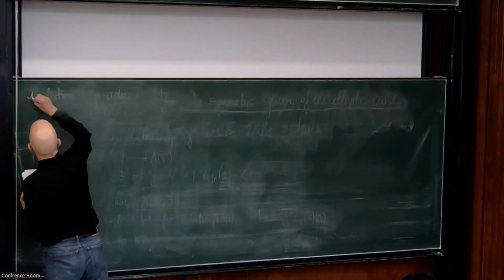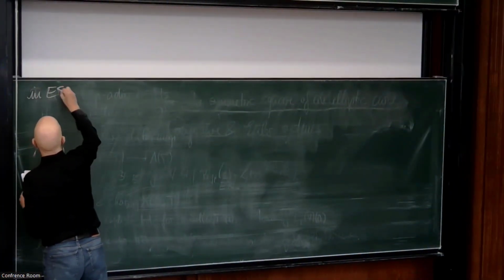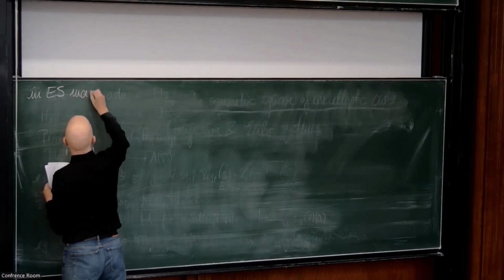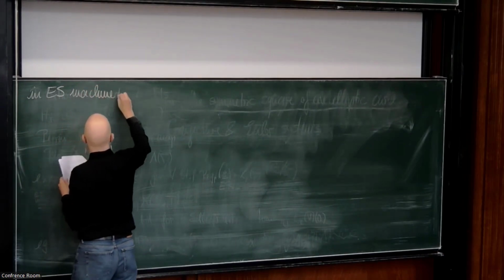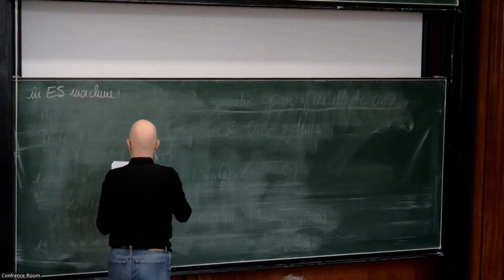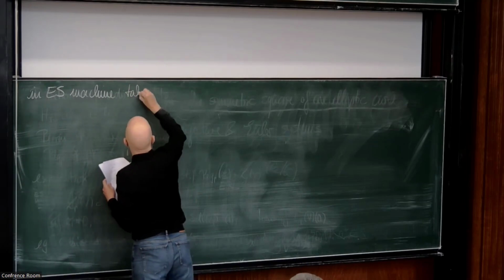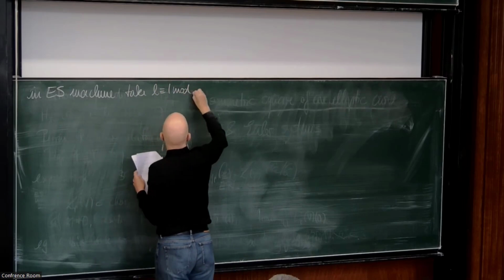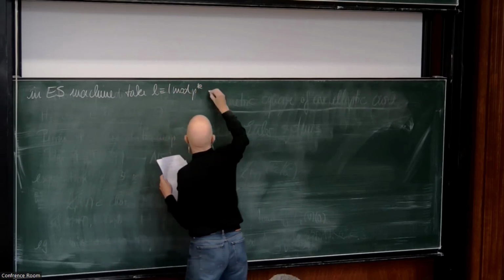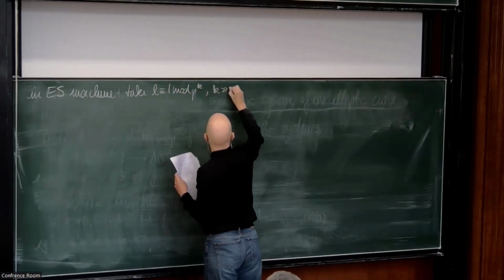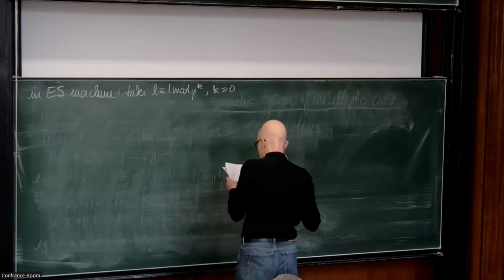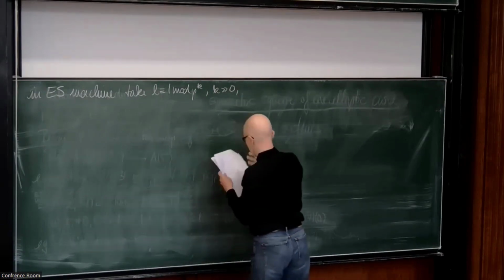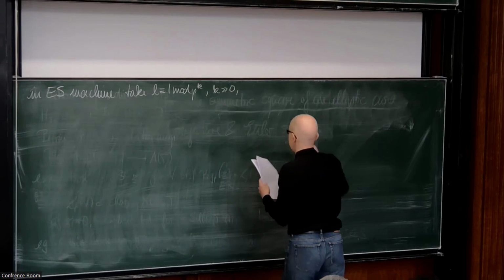If one looks into the Euler system machine, we take L congruent to 1 modulo P to the k, for some k sufficiently large, and we look at the projection of our class.